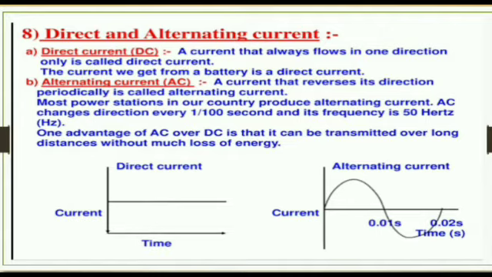One advantage of AC over DC is that it can be transmitted over long distances without much loss of energy. That's why the electricity we generate is transmitted over long distances with the help of high voltage cables through towers.